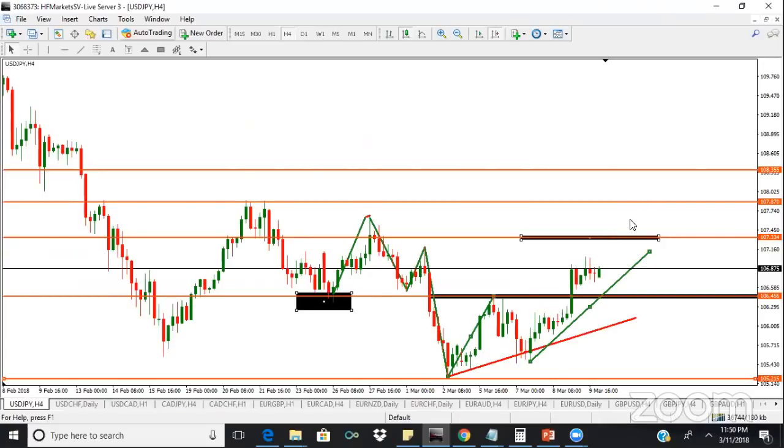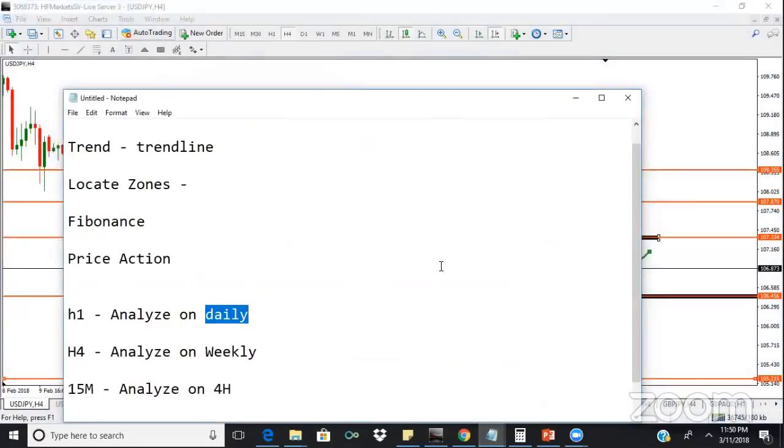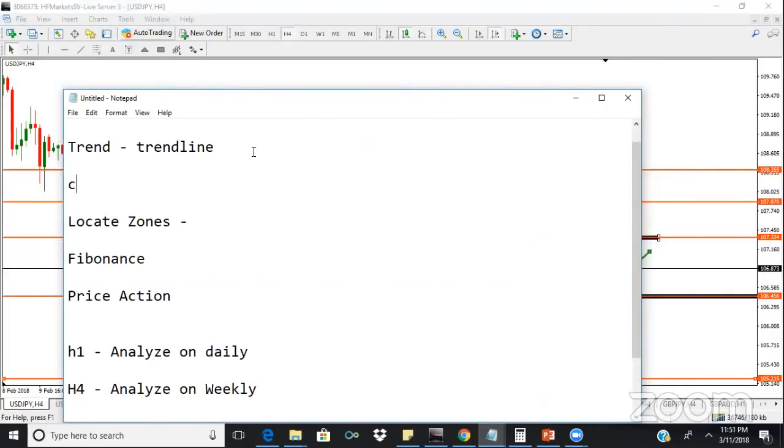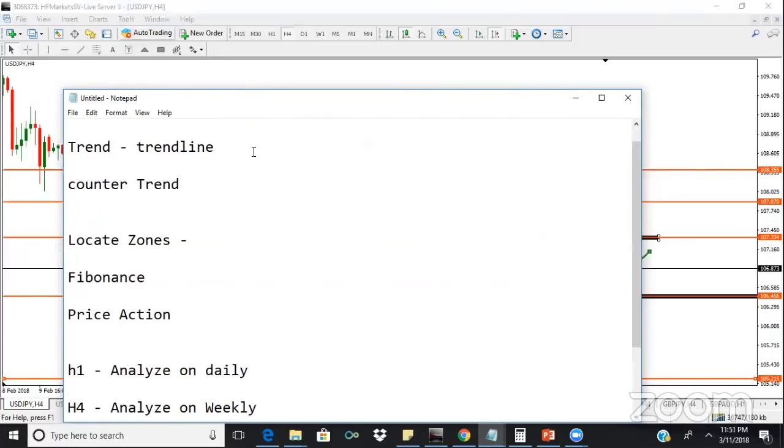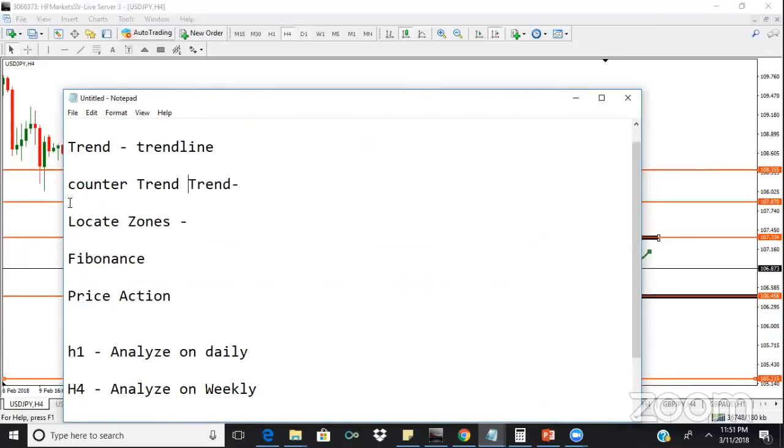But the selling is now counter what? Counter trend. Okay, you also need to know the trend. So we have counter trend and you have trend. So you want to also answer this: are you in a trend market or you're in a counter trend?